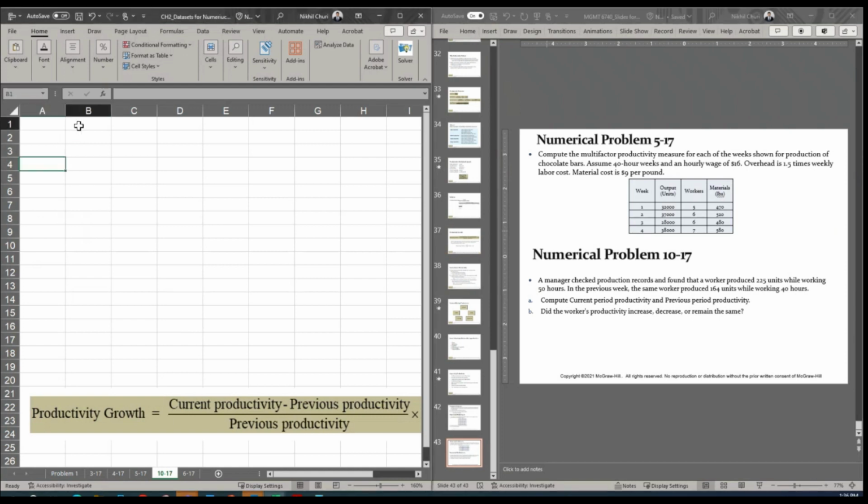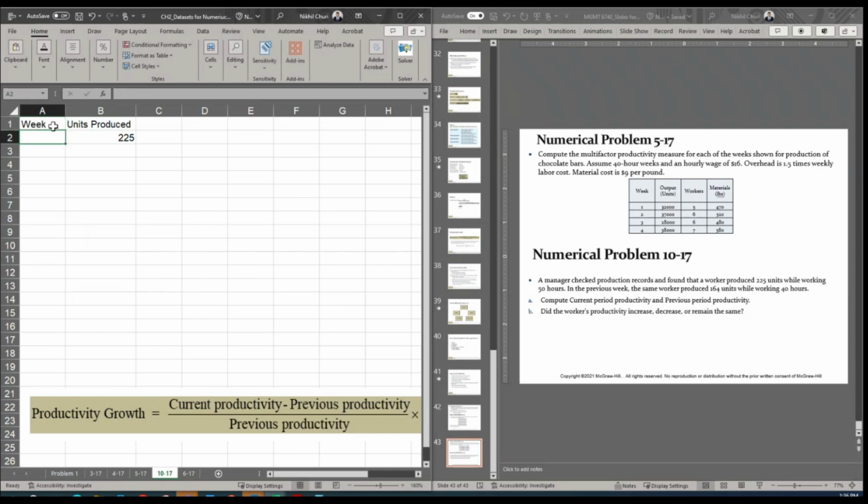units produced. So very first is units, 225, and the weeks are given, right? Produced while working for 50 hours. Oh, sorry. So 225.